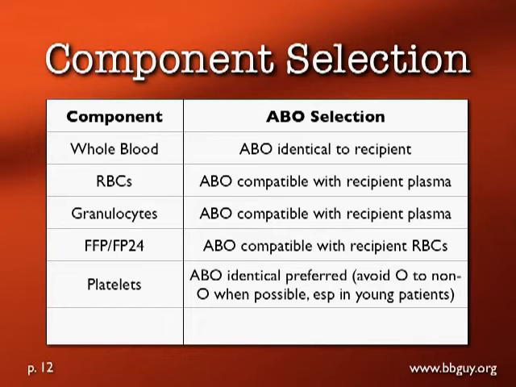That's a really dangerous thing, and it's not always dangerous, and we get away with it quite often. But if a platelet donor happens to have a very high titer of usually anti-A, and you give that group O platelet to a group A recipient, you can actually see kind of a reverse hemolysis. The younger and the smaller the patient is, the more of a risk that is. I really try to avoid it when I possibly can.